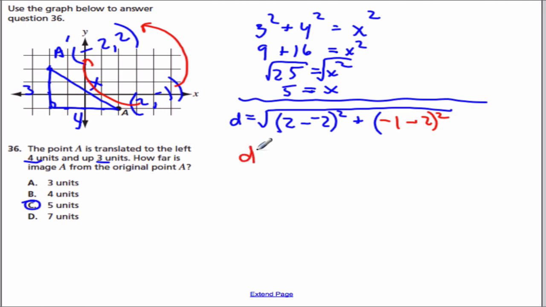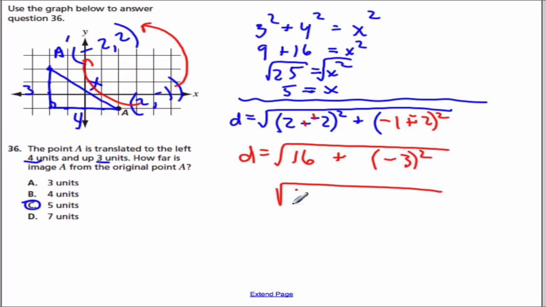So the distance is equal to, let's do the math here, 2 minus a minus 2, those two make it a positive, so 4 squared is 16, plus minus 1 plus a negative 2 is a minus 3 squared, but that is 9 when you square them.